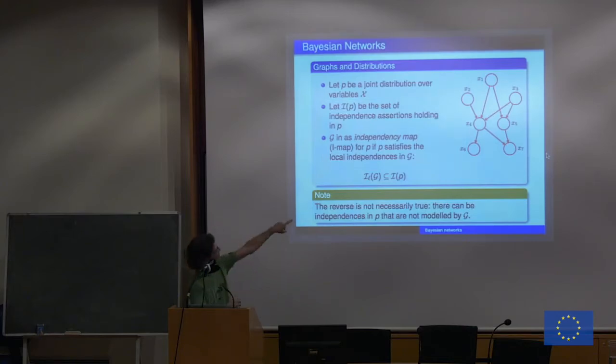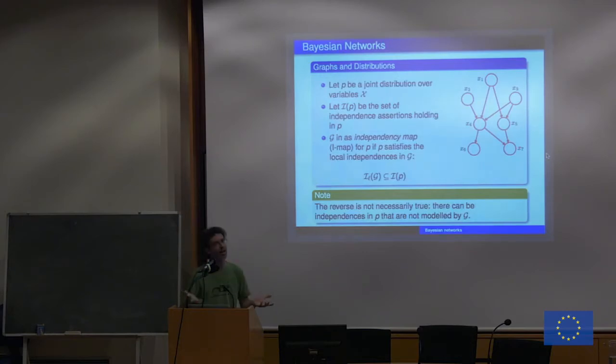Watch out that this is a subset. It's not strict, okay? Meaning that if you encode an independency in G, this should hold in P, but it's not necessarily the case that all the independencies in P are encoded in G, okay?